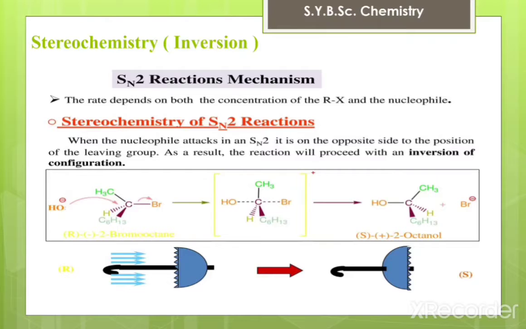The geometry of the product corresponds to the geometry of the flipped over umbrella. The former nucleophile is located at the handle of the flipped over umbrella. There are many experimental evidences to prove that the SN2 reaction proceeds with complete stereochemical inversion.